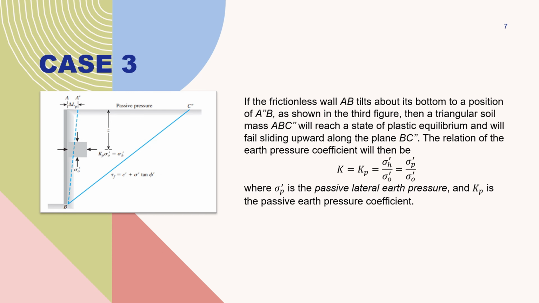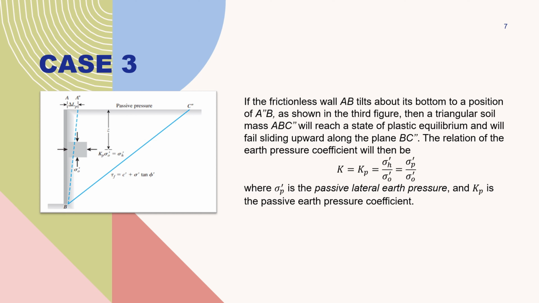Going to case 3, if the frictionless wall AB tilts about its bottom to a position of A double prime B as shown in the third figure, then a triangular soil mass ABC double prime will reach a state of plastic equilibrium and will fail sliding upward along the plane BC double prime.